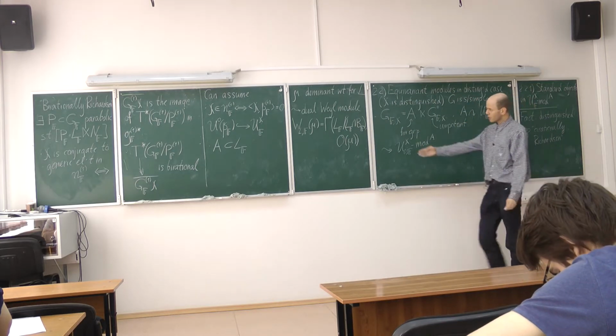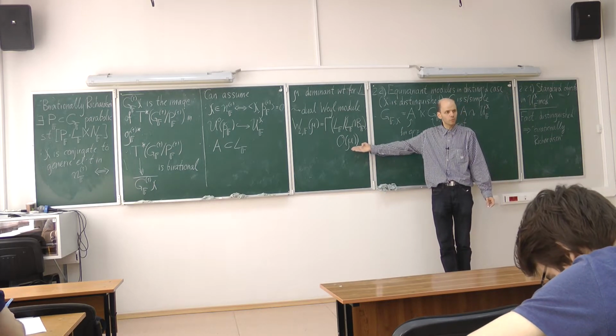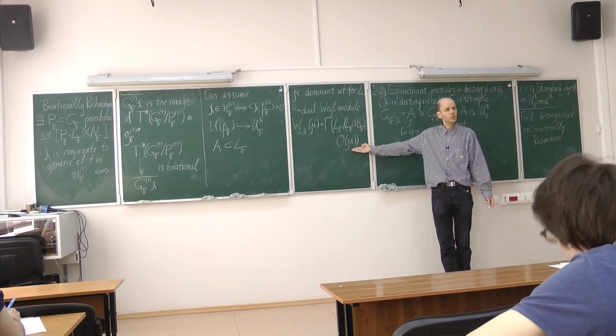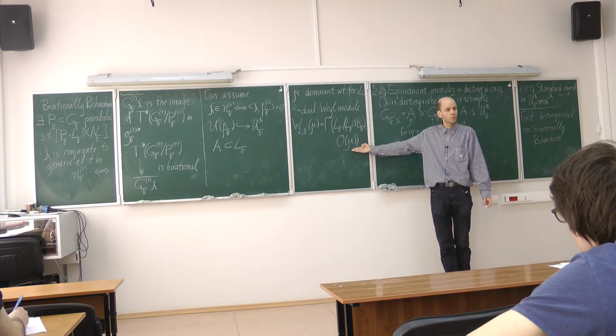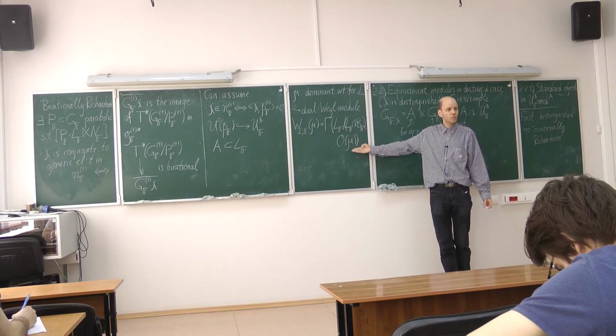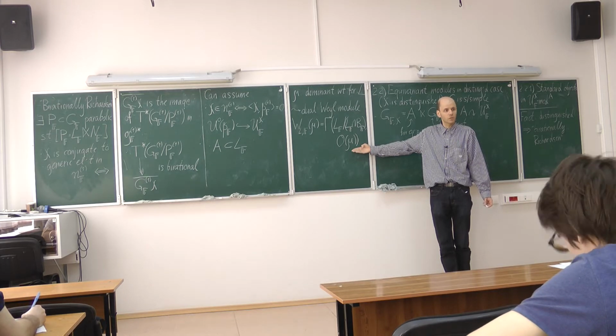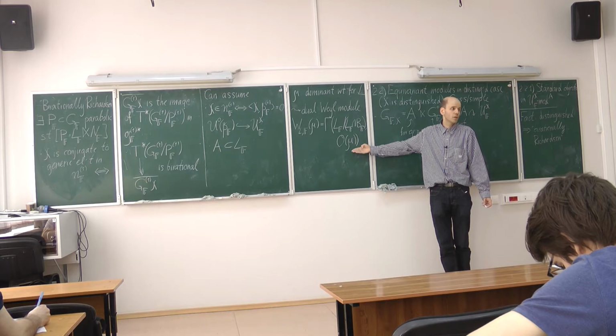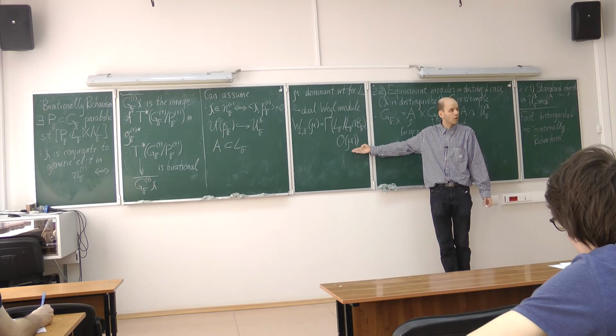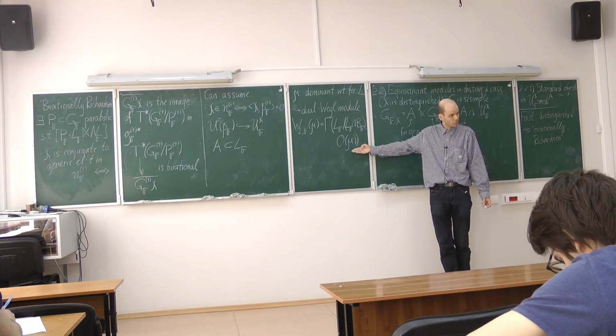In characteristic 0, this construction gives you an irreducible. In characteristic P, this construction gives you an object which will be reducible, but which will have the same character as in characteristic 0. The character is still given by the Weyl character formula.